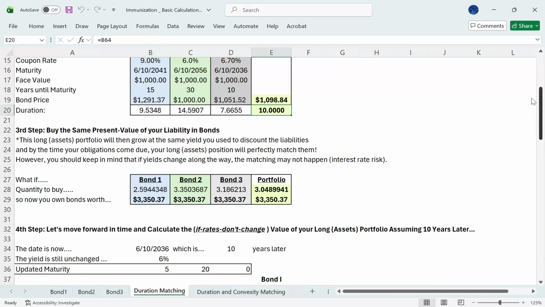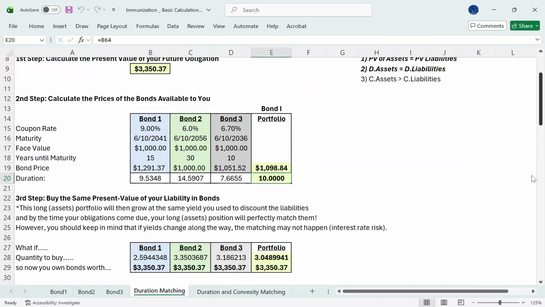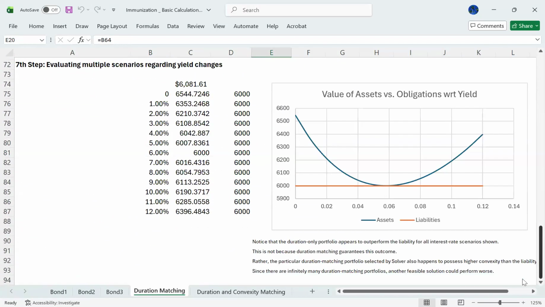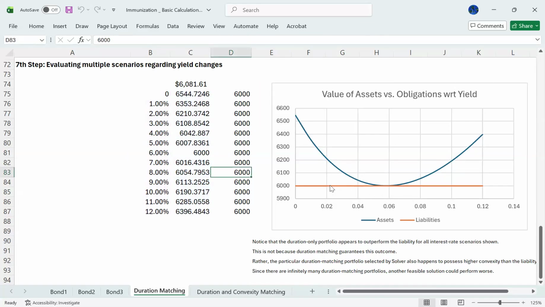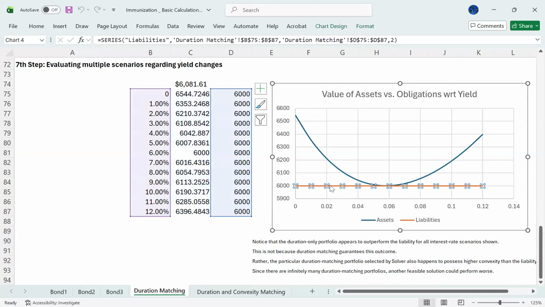Having those two conditions, and we're not even looking at convexity, then irrespective of the rates, look at the blue line, the value of my assets are always above or equal to or very close to the value of my liabilities, which is 6,000 after 10 years pass.